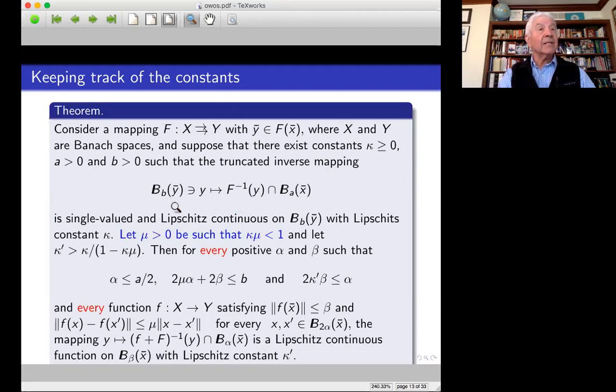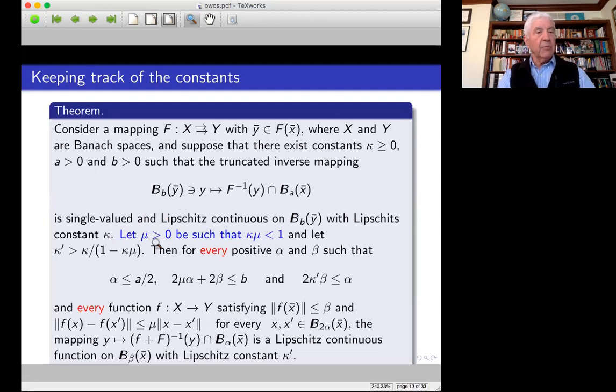Remember, we have a localization of the graph of the mapping, which means that we have to have some neighborhoods around the reference points. And we assume that this localization, this truncation of the inverse mapping, is single valued and Lipschitz continuous in its domain, and it has a Lipschitz constant kappa.